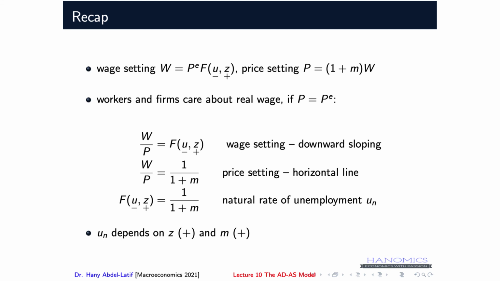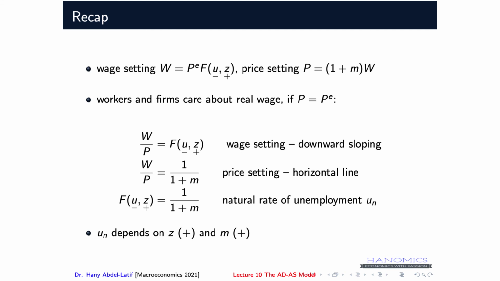From there we derived the price setting relation, where the price will be basically 1 plus M times wages, which means that firms will set prices with a markup over wages, or their costs. In this situation it's only wages, because we assume that there's only labor.